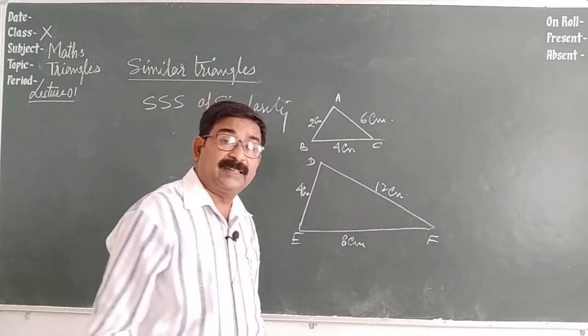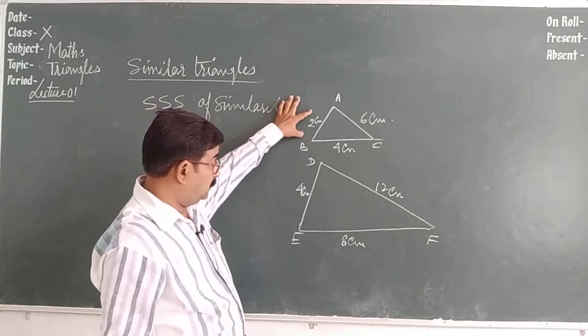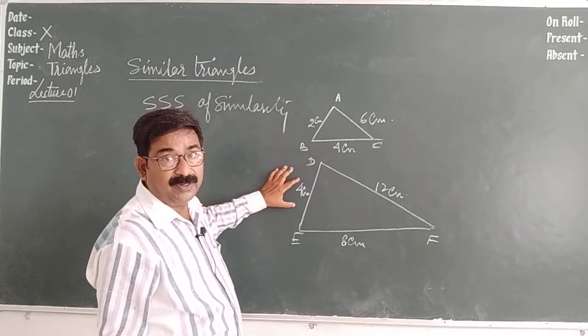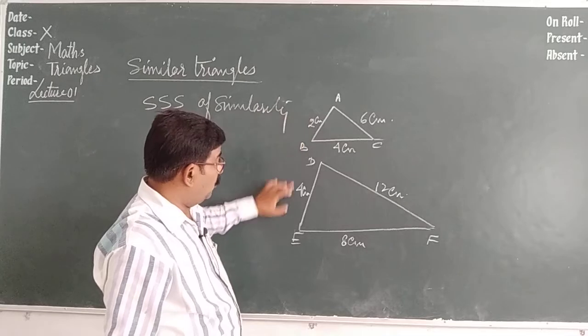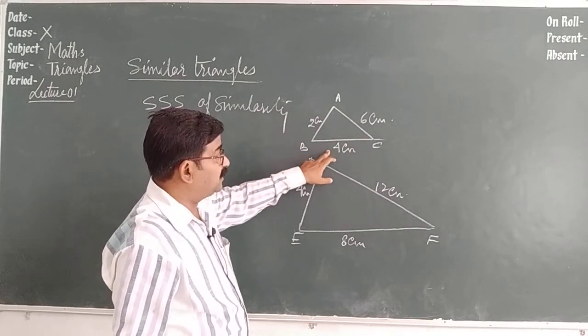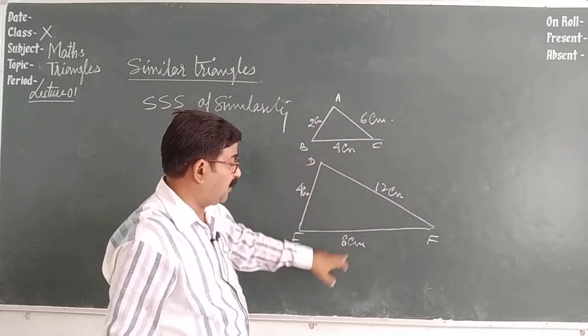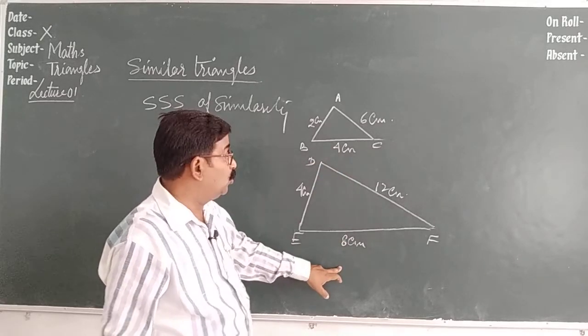So we will check the sides. This side is 2 centimeters, this side is 4 centimeters. Ratio is 1:2. BC is 4 centimeters, EF is 8 centimeters, ratio 1:2.